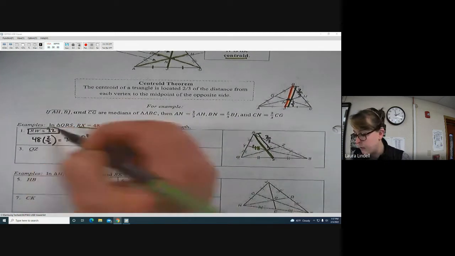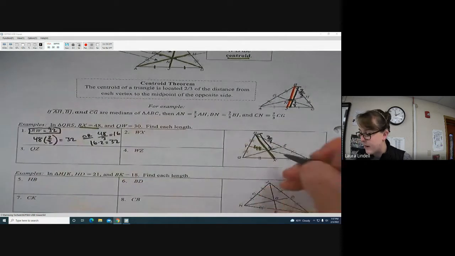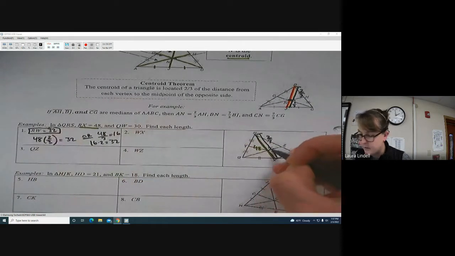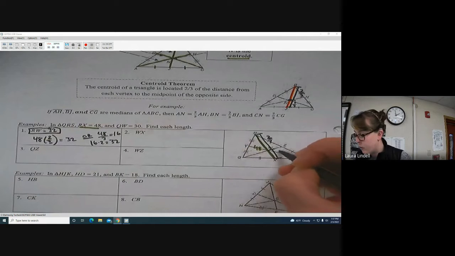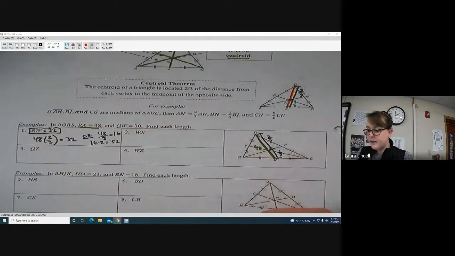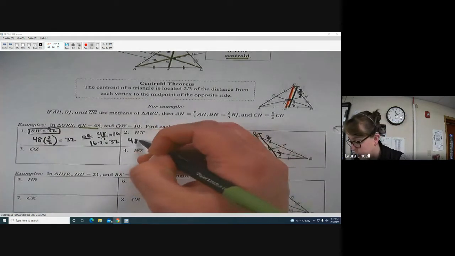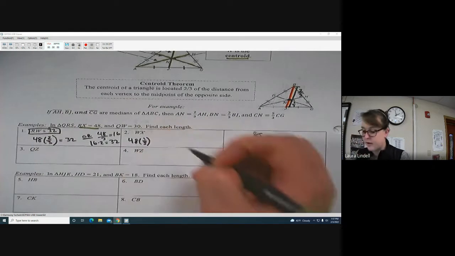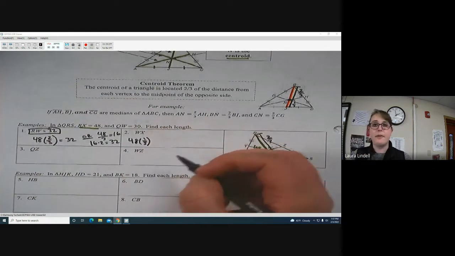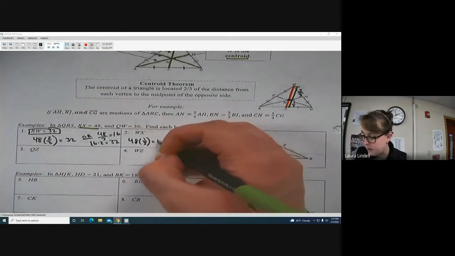And then the other one that we want to find is WX. And WX represents this other portion over here, the 1/3 part. So there's a couple of ways you could find WX. One is you could go 48 times 1/3, or 48 divided by 3. That would be the same thing, and then you would get 16.